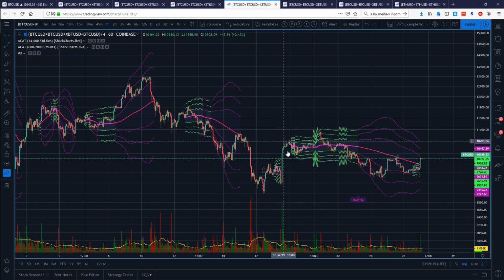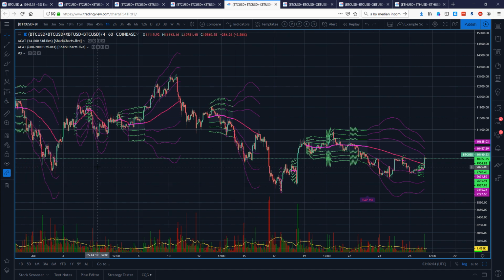Do the same thing again, we get a longer compression range here. This one's very nice. You get tags of the 3.2 standard deviation. You get really clean places to sell that position back at the other end of the compressing range. And then it reverses and starts breaking out in the same direction in this case.